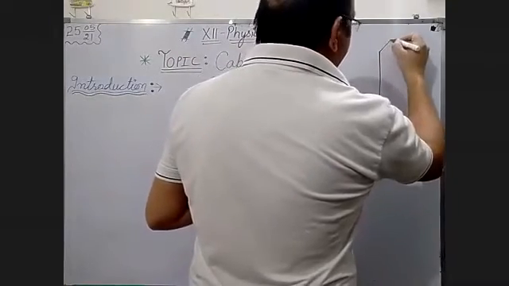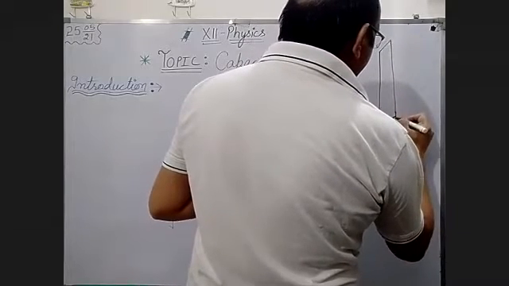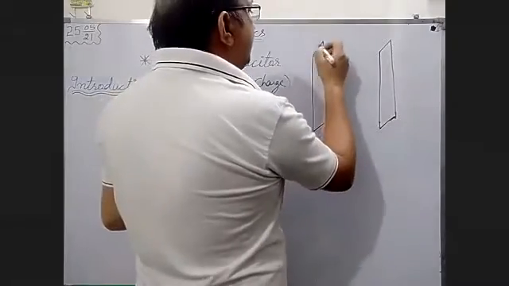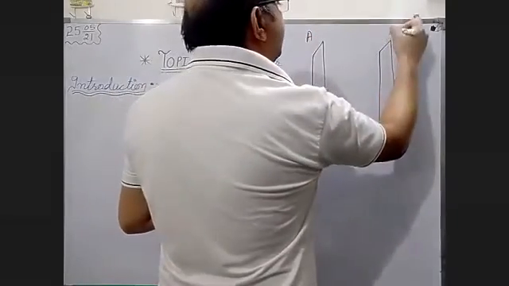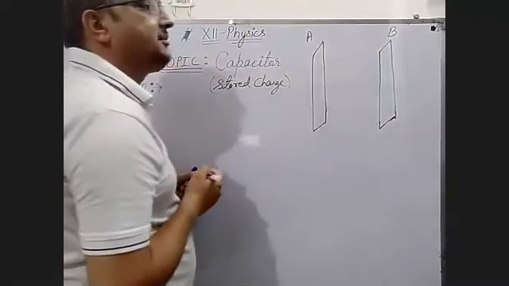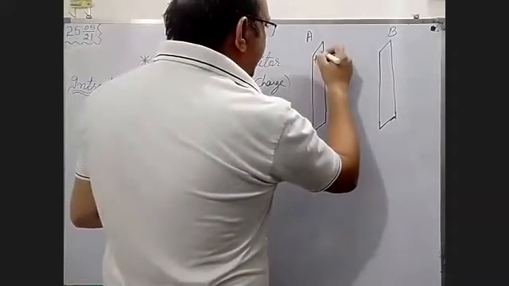Now make a diagram of a capacitor like this. Let this plate be A and this one be B, and in this you have to charge only one plate.